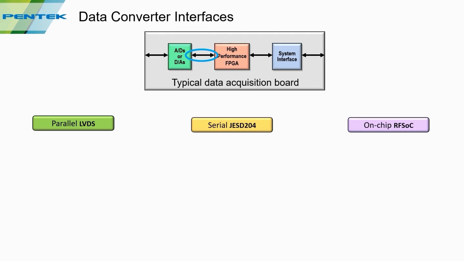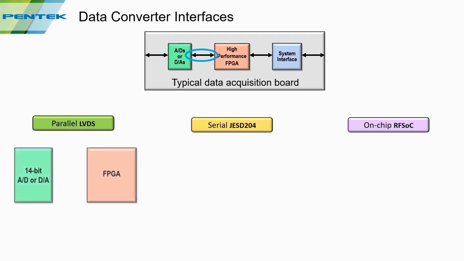So if we look at parallel first, for a 14-bit A to D as an example, I'll have 14 pairs of parallel signals running between the converter and the FPGA, one for each bit. Typically that'll be accompanied by another pair for clock. And it's pretty simple. Each sample put out of the A to D is sent over the parallel interface accompanied by a clock.